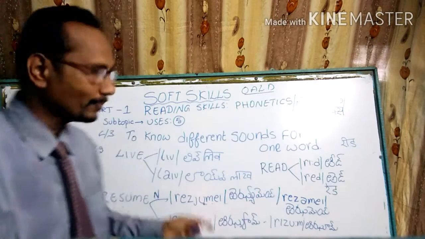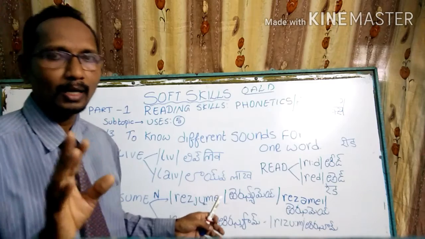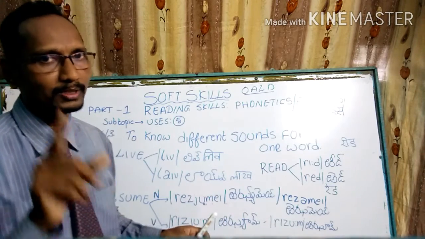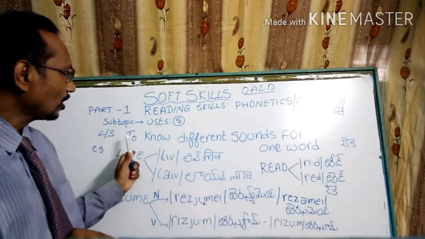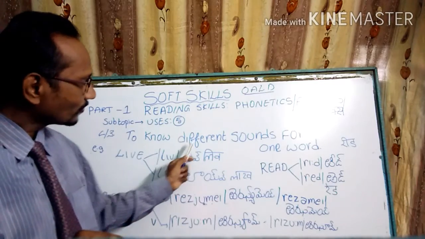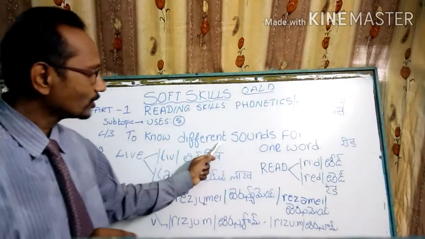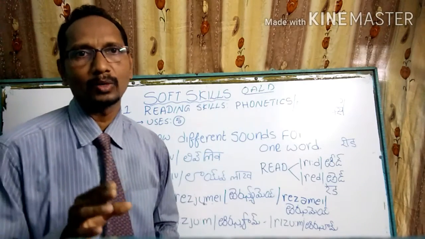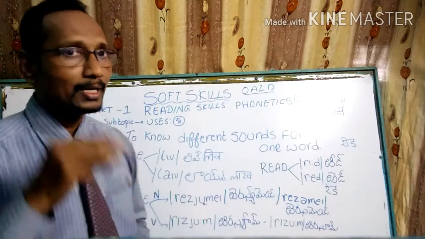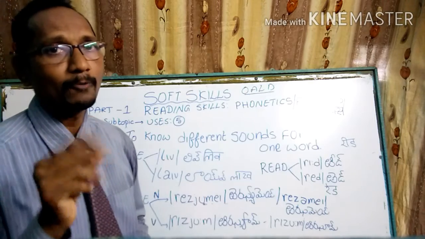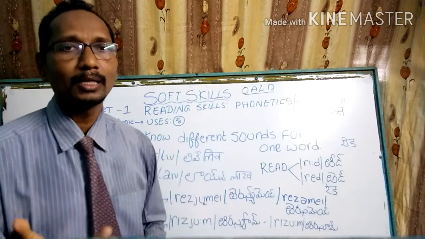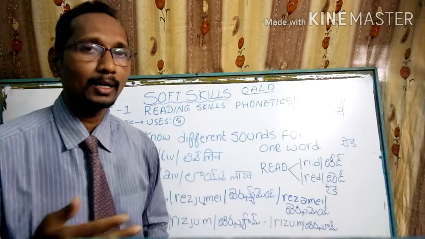Today's class I have given you 2 uses. The first one is to know one sound for different words, and the third one is to know different sounds for one word. Let us have the other uses, 4 and 5, in the next class.